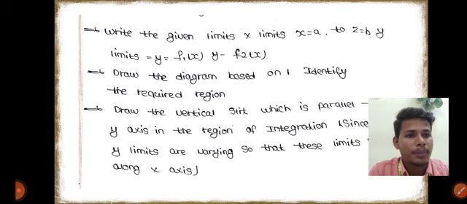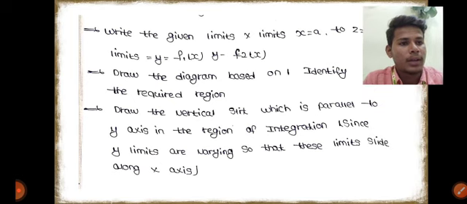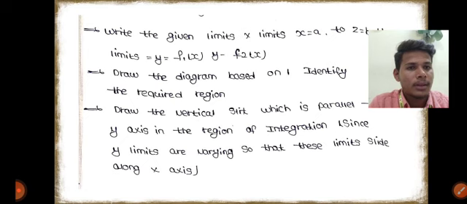Draw the diagram based on the limits and identify the required region. Draw the vertical slit, which is parallel to the y-axis, in the region of integration.